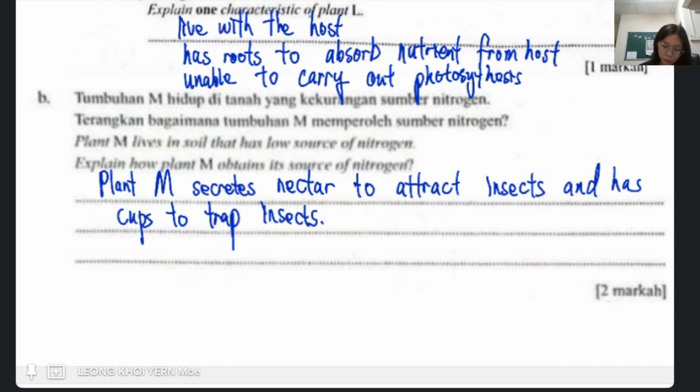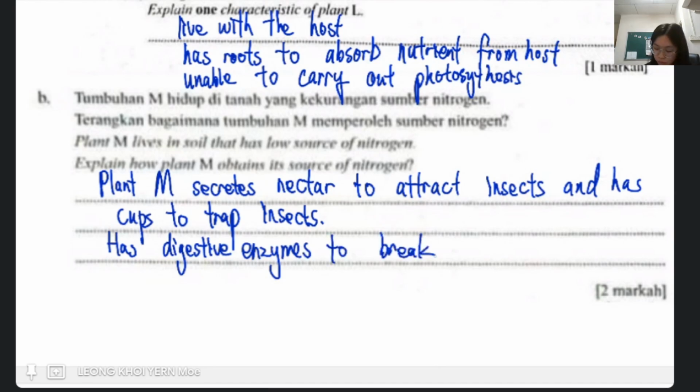And then after trapping it, they will have digestive enzyme, or you can write it as juice enzymes, to break down the insects to obtain the nutrients.